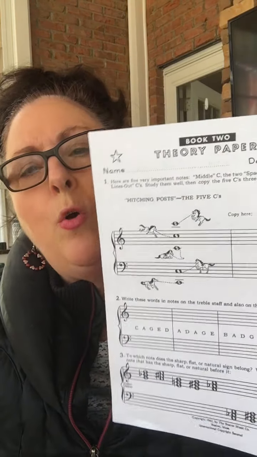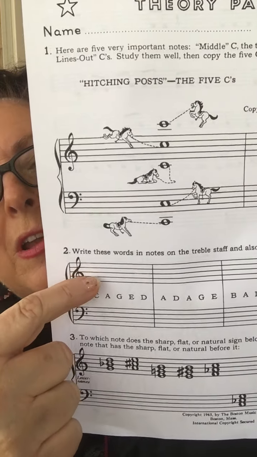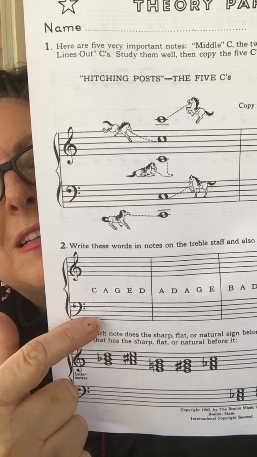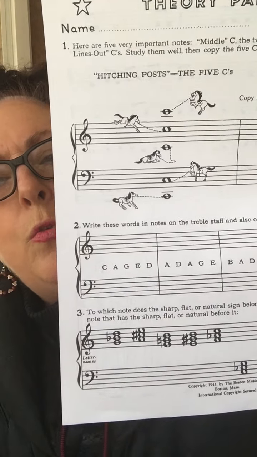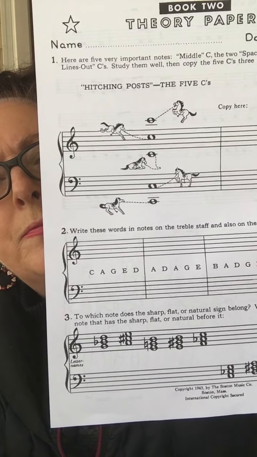Now, number 2, they're asking you to write these words in notes on the treble and also on the bass by using whole notes. So you're going to draw a C in the treble clef and a C in the bass clef just using a whole note. And it can be any C that you want to draw.